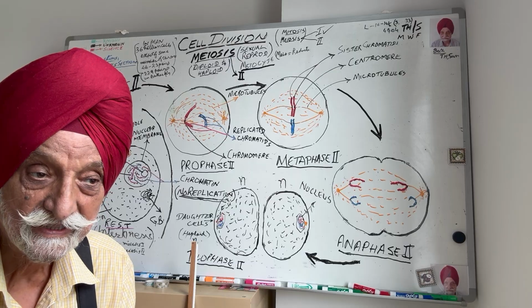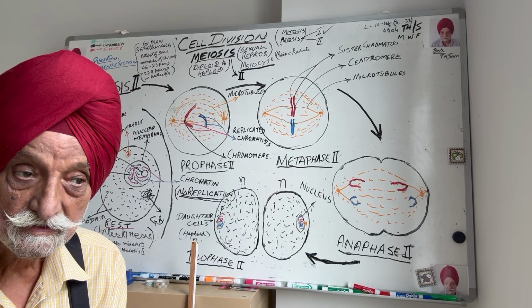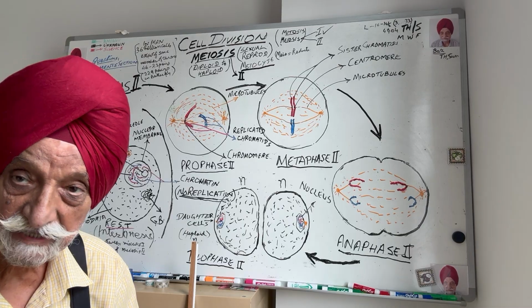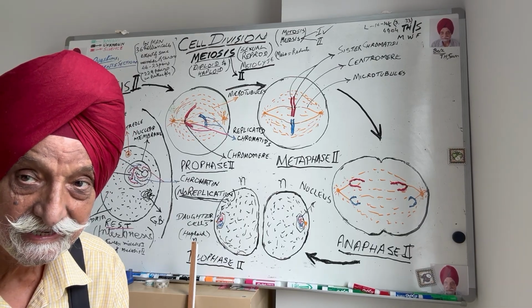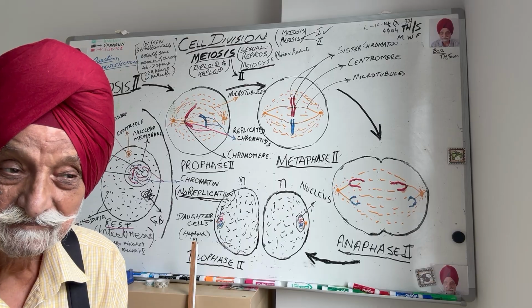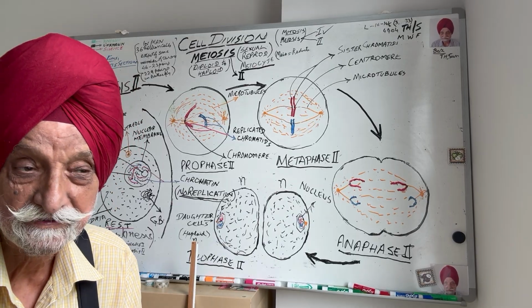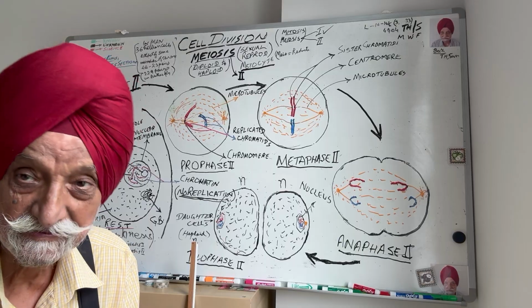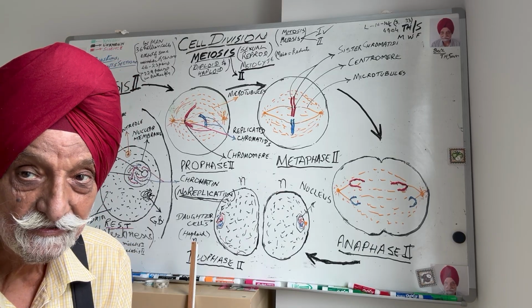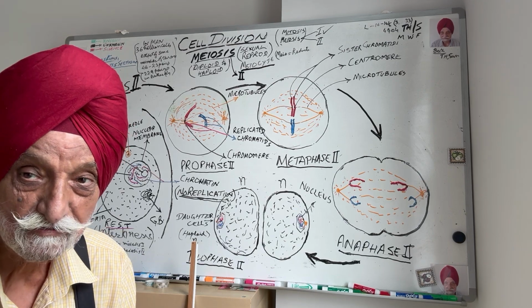Now, in metaphase, the chromosomes line up, and in lining up, they show independent assortment. You have to remember this, independent assortment. That was in metaphase. And in anaphase, if you remember, the chromosomes were separated.